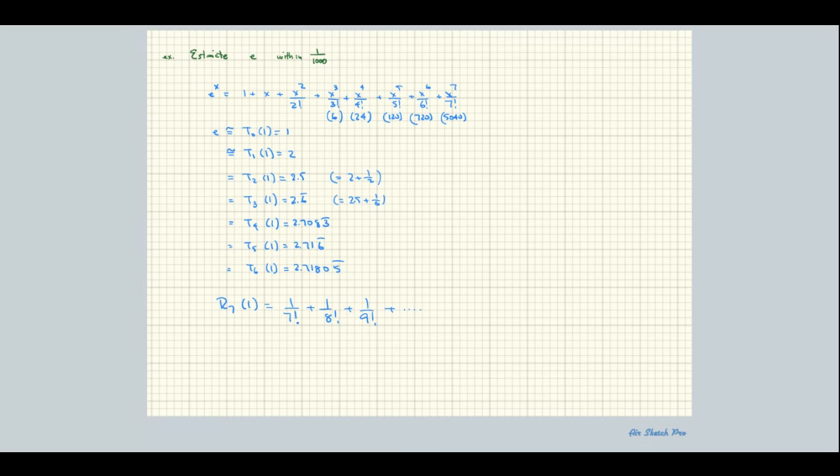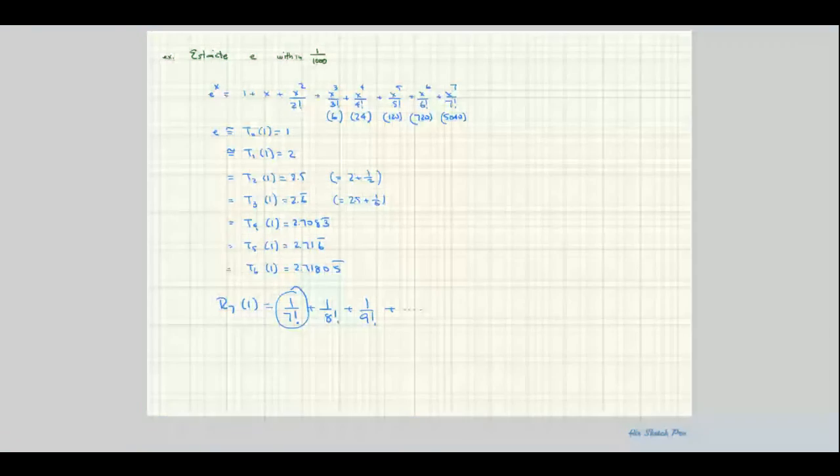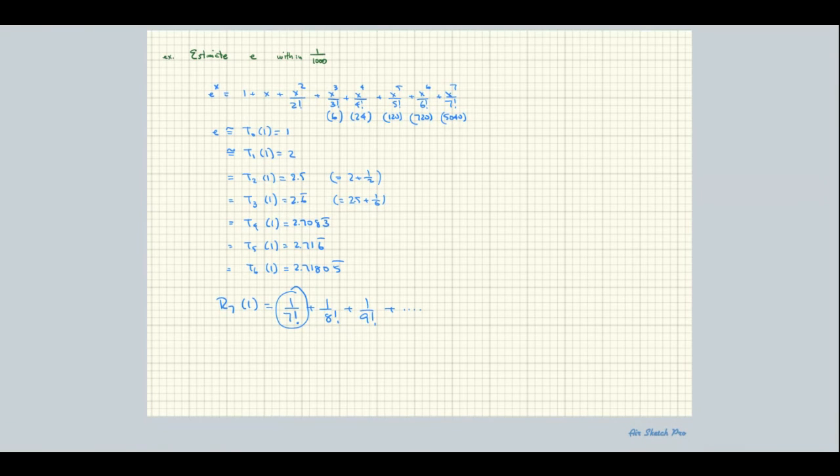And obviously this thing is not going to be less than 1/7 factorial, which is the next term. It was less than the next term when I had an alternating series.